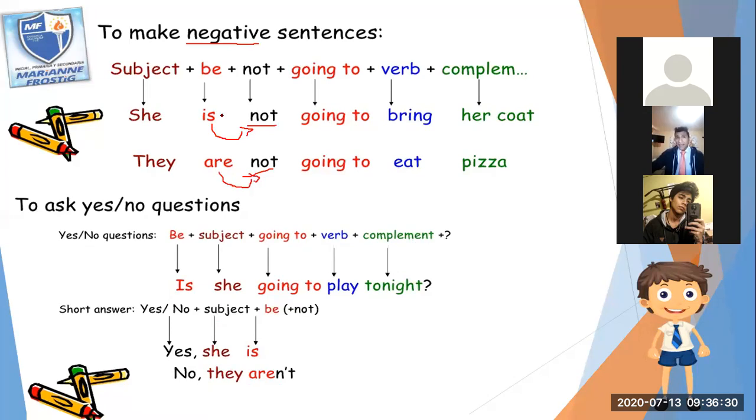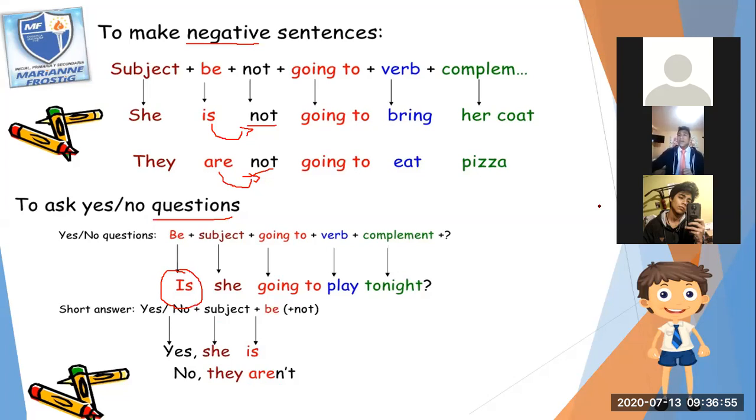The same, verb to be, going to, but we use not after the verb to be. And in questions, we use the verb to be, is, am, or are, at the beginning, at the start. We start with the verb to be.